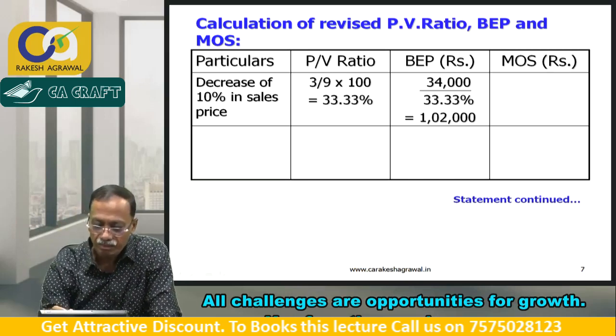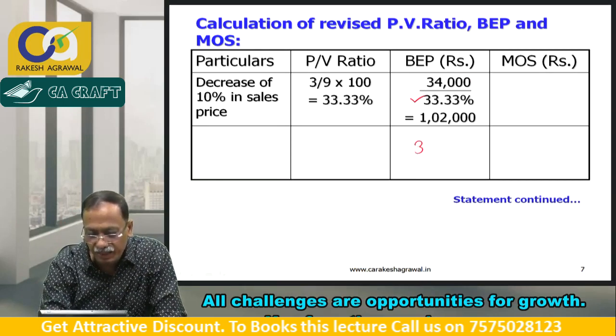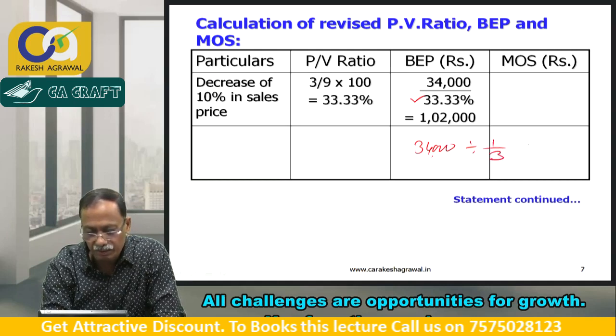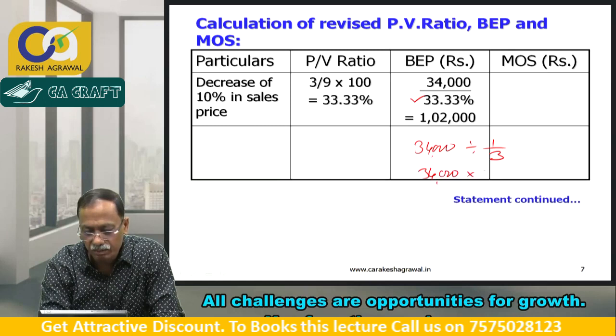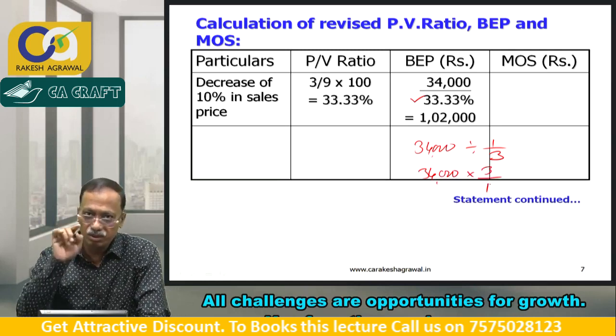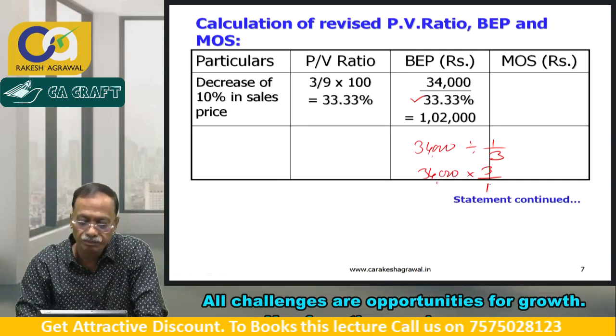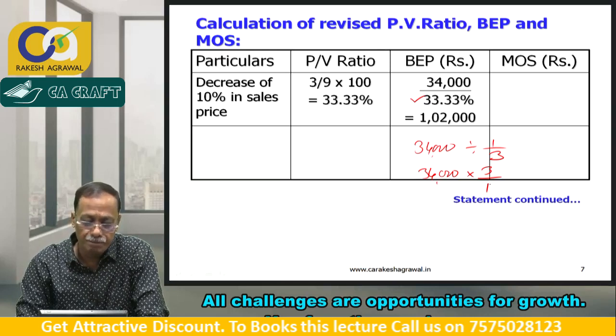If you use 34,000 divided by 1/3, that means 34,000 into 3 by 1, so you will get the exact answer. If you use 33.33%, you will get a slight fractional answer, so you have to round it off. It is exactly 1,02,000. Done so far?